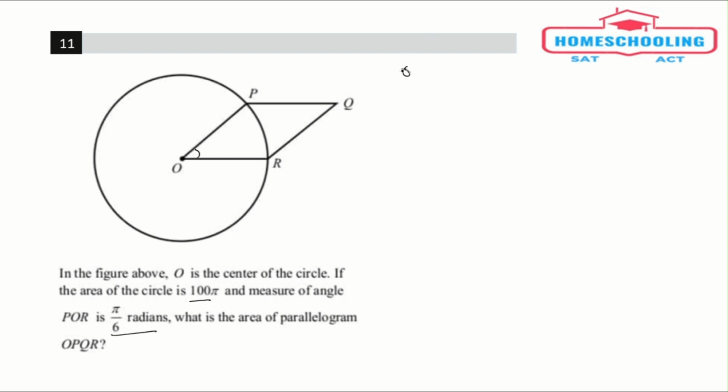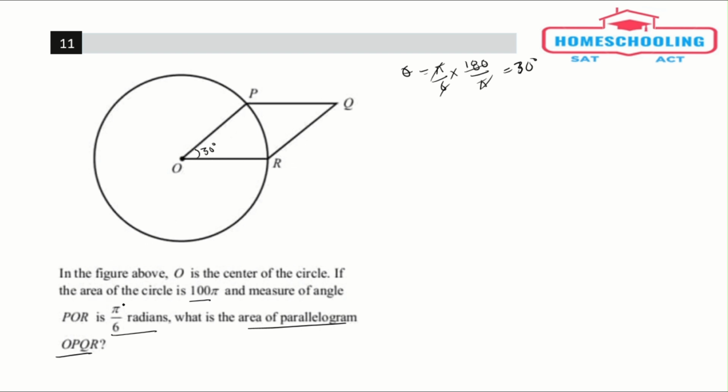First we have to convert theta from radians to degrees, by multiplying by 180 by pi. So this angle is going to be 30 degrees. What is the area of parallelogram OPQR? So we have to find the area of this parallelogram.